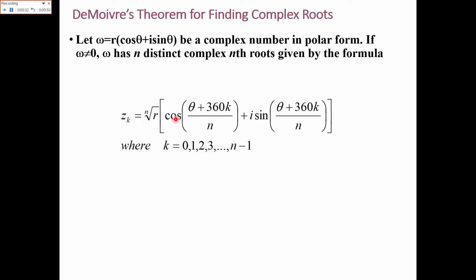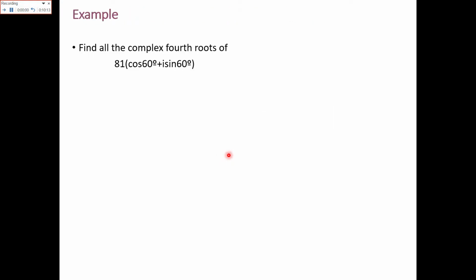Now if we have the angles in degrees, then the formula takes the form r raised to power 1 over n into cos of theta plus 360 k over n plus iota sine of theta plus 360 k over n, where k is equal to 0 to n minus 1. So this is again the statement of De Moivre's theorem.